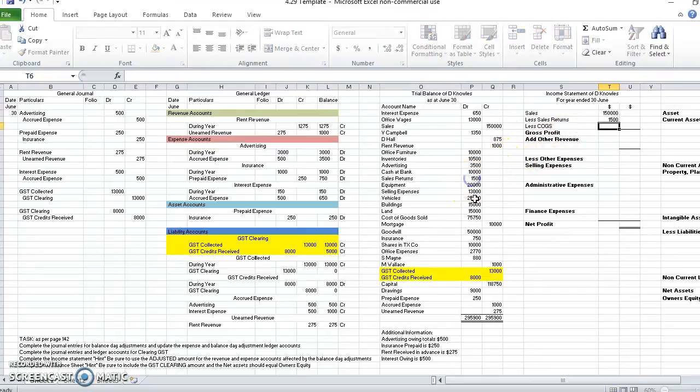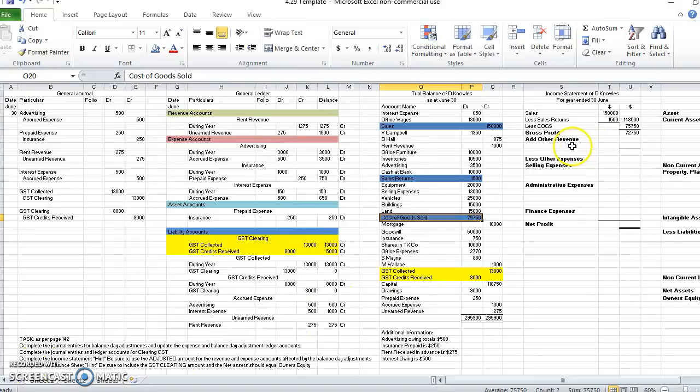Our sales returns figure is 1,500. And our cost of goods sold figure is 75,750. So we'll minus them away, and minus away again. And we find our gross profit figure.